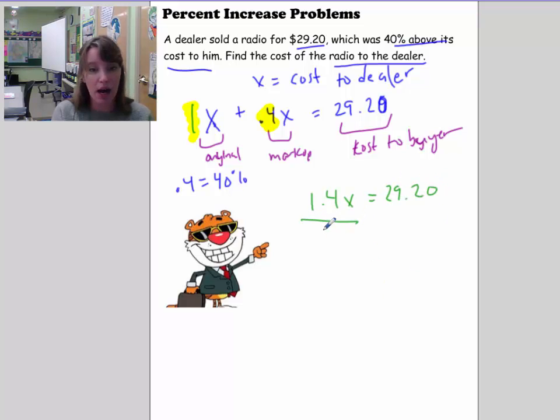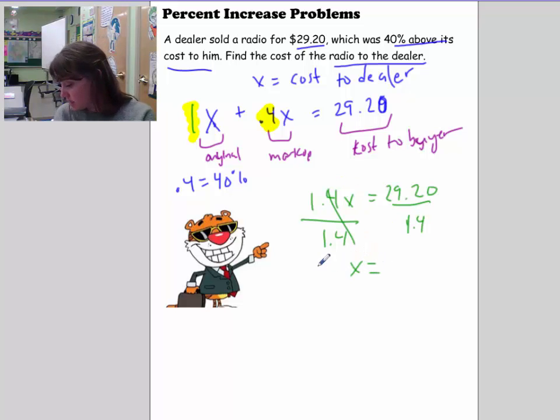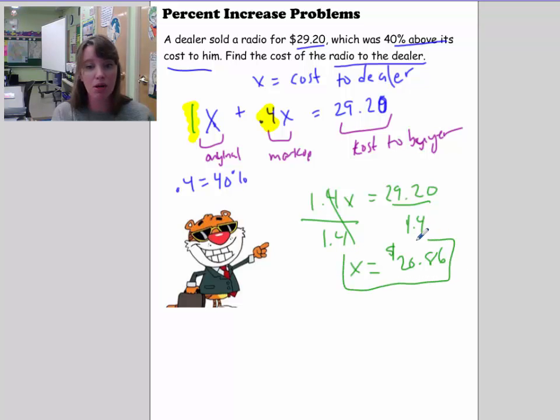And now I can just divide each side by 1.4, which I did before I started this video, and I got it to be $20.86. So it makes sense the dealer spent $20.86 to buy the radio and then marked it up 40% of itself, and he sold it at $29.20. So there's a profit here of around $9, a little bit less than $9.